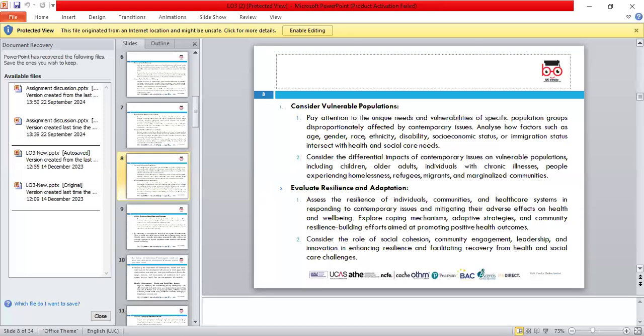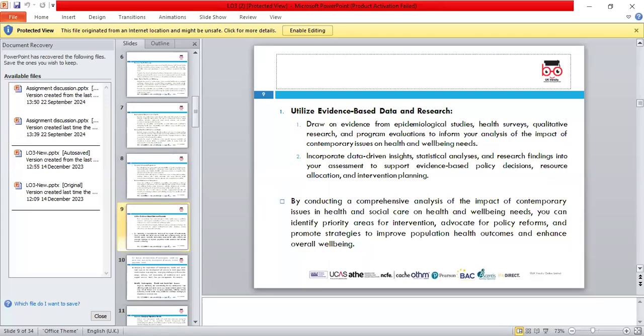So look at areas of resilience, because when you have considered the socio-economic cohesion, leadership, innovation, enhancing resilience, and facilitating recovery through health and social care changes, of course, when you have adapted, you need to explore coping mechanisms, adaptive strategies, and community resilience. Of course, you need to do that.